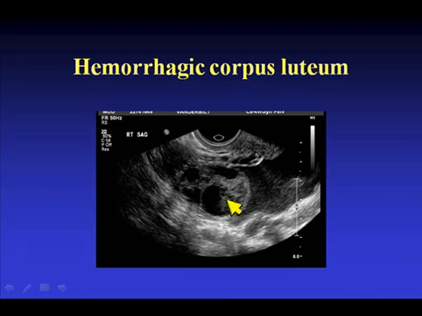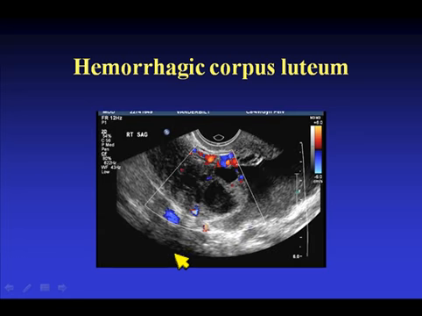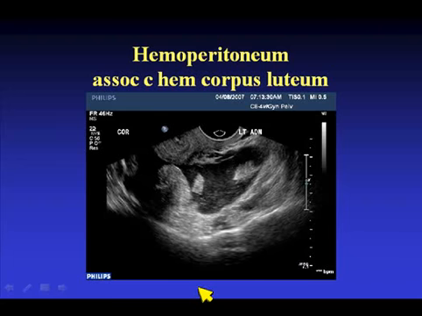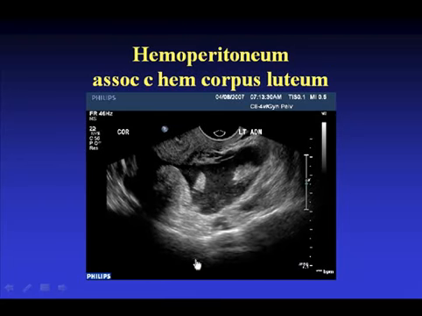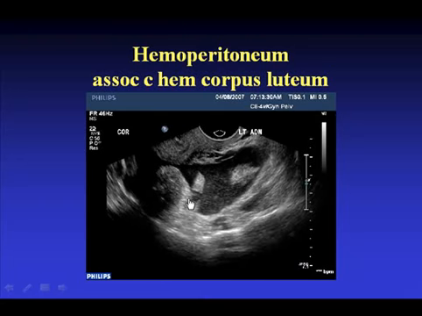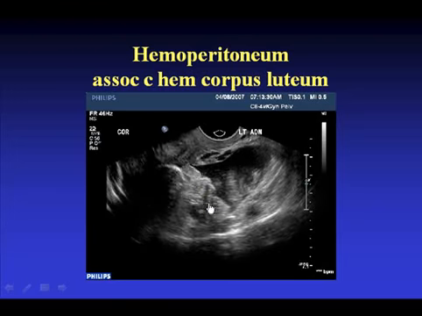This, on the other hand, is a hemorrhagic cyst. There's echogenic intraperitoneal fluid. On color, we can see the vascularity to this ovary, so we know it's not torsed, and we can see significant intraperitoneal fluid. In fact, when we watch this on cine loop, we can see that the fluid moves around.